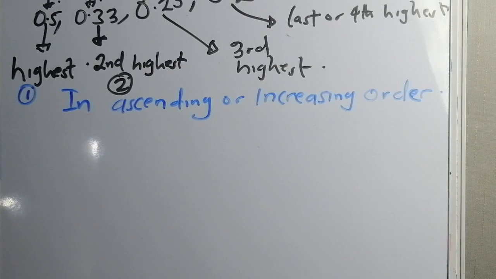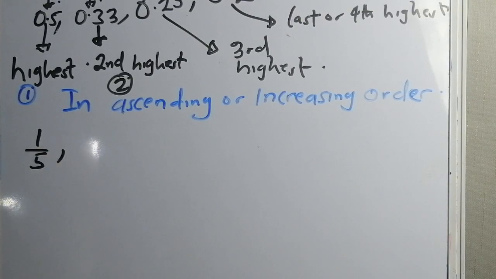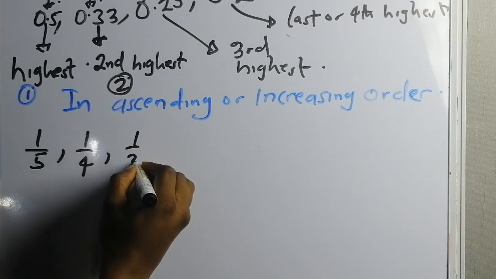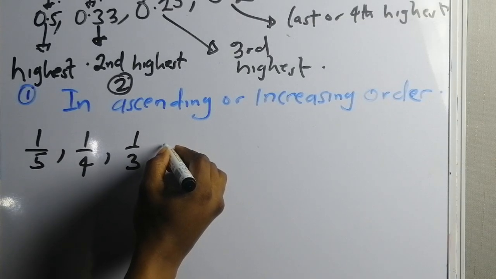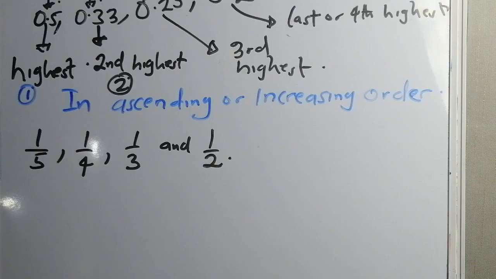So the way it's increasing from the example given above, it will start from what? 1 over 5. Okay, then after 1 over 5 is what? 1 over 4, then 1 over 3, and 1 over 2. That is the increasing order.